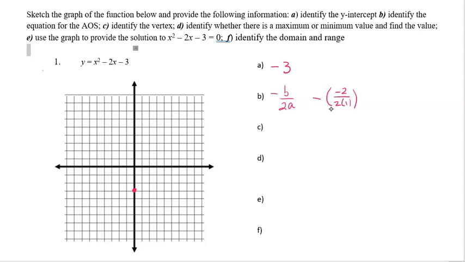So -2 divided by 2 is -1, but the formula says the opposite of that, the opposite of -1 is +1. So the equation for the AOS, it's always a vertical line, will be x equals 1. So here's the line x equals 1.